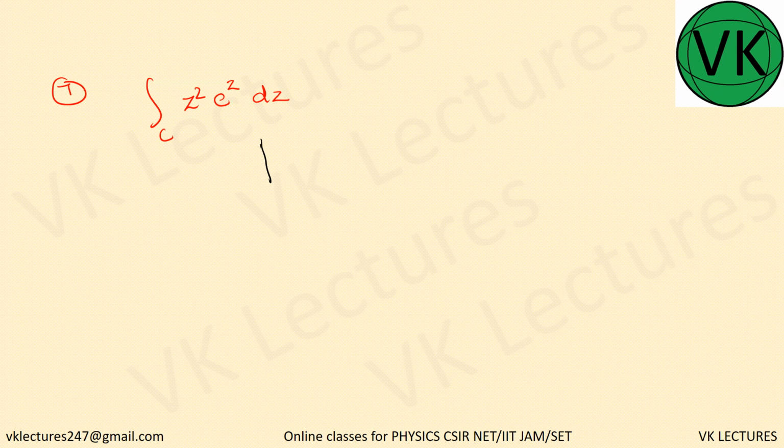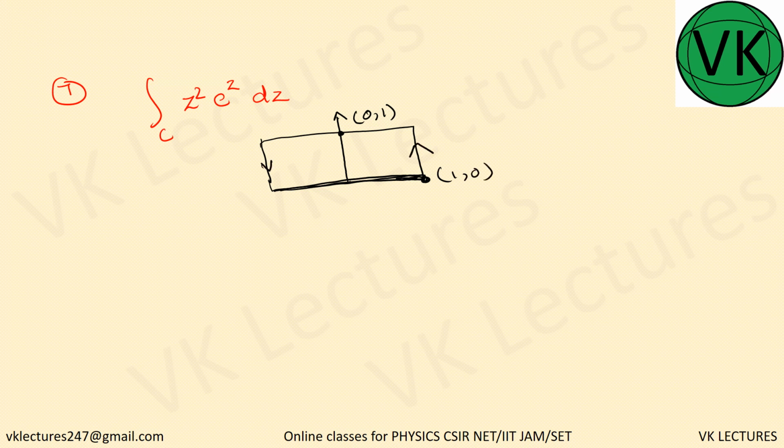So we have a rectangle like this. This is 0, 1, this is 1, 0, this is minus 1, 0.